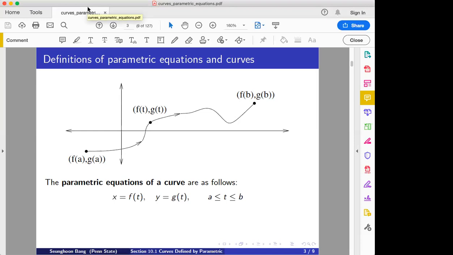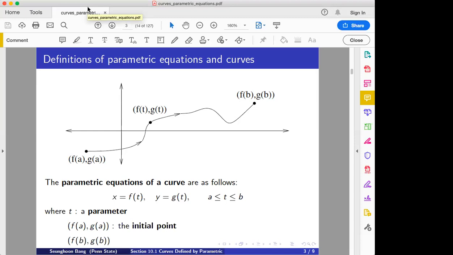The second is the direction of the point. This is possible. We call t a parameter, f of a, g of a the initial point, and f of b, g of b the terminal point. This is the exact definition.